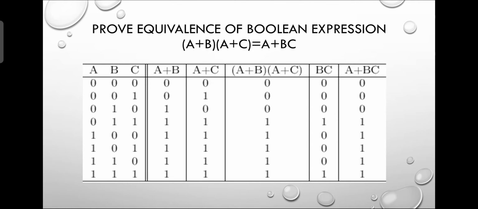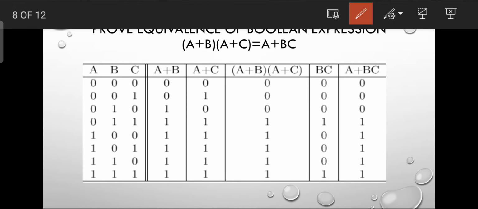For example, here we have the Boolean expression a dot b plus a dot c equal to a dot (b plus c). We have to prove whether this is identical or not.